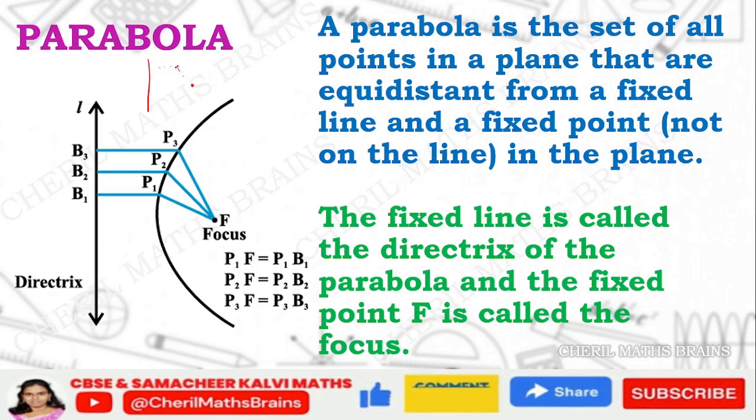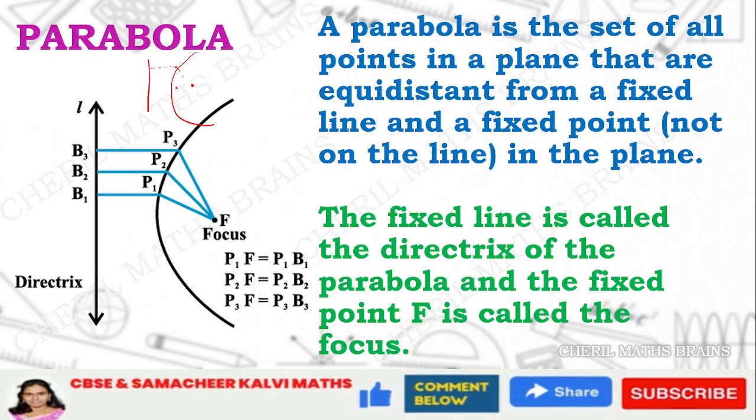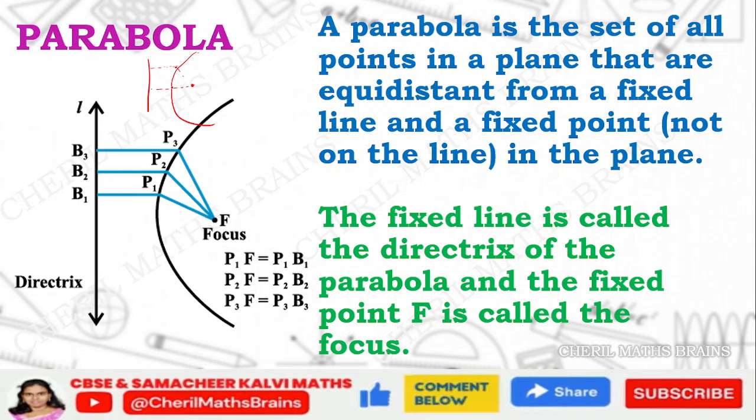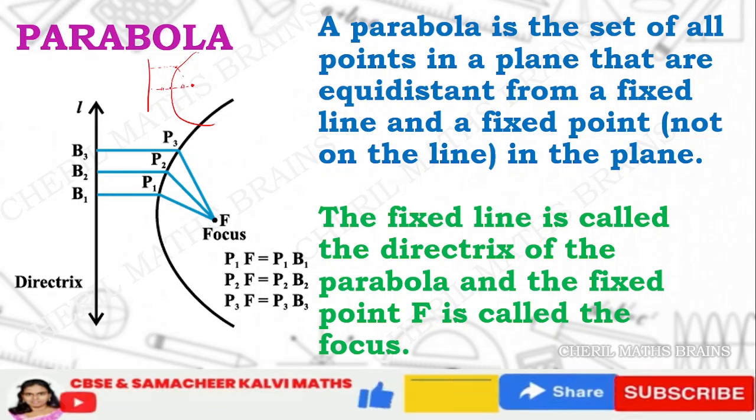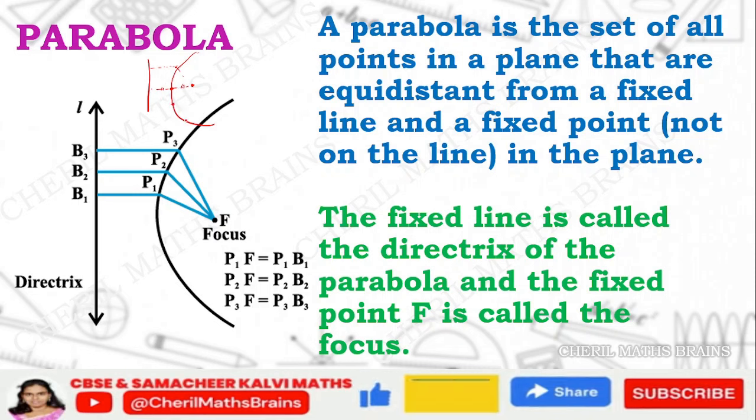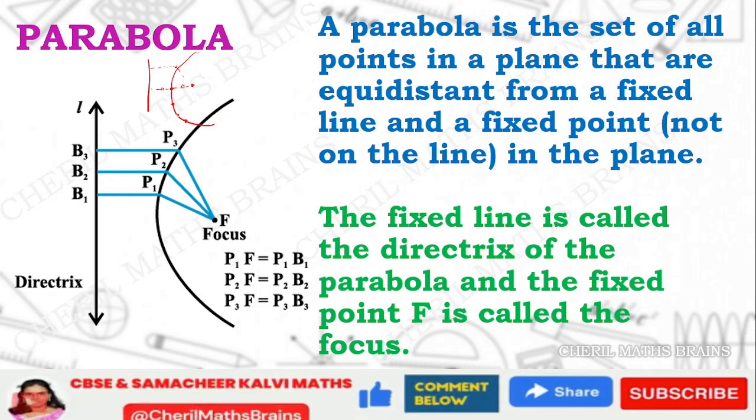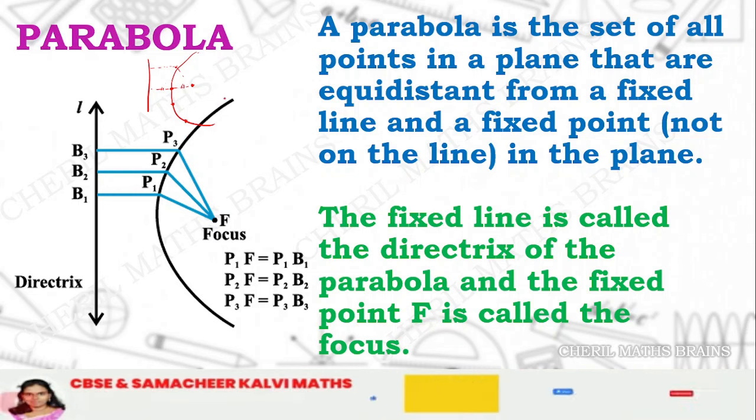Similarly you can get another point here. Like this, by connecting all these points you will get a shape. So all these points together, when you combine them, give you the shape of the parabola.